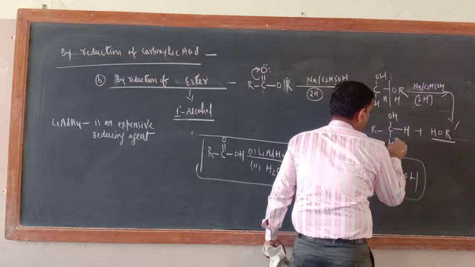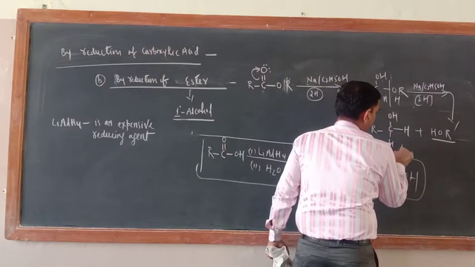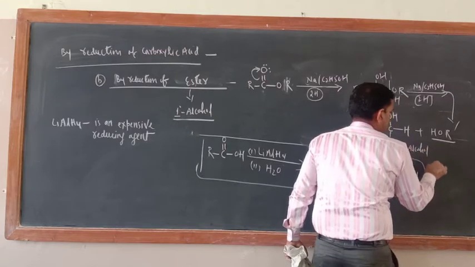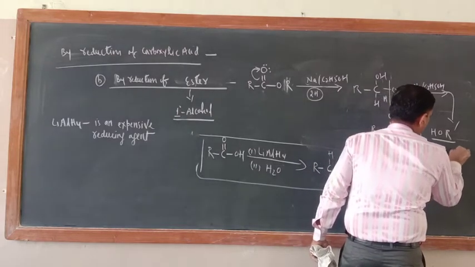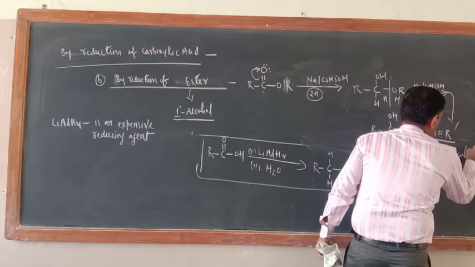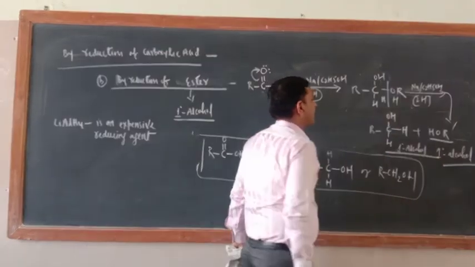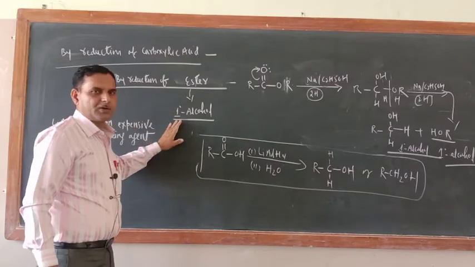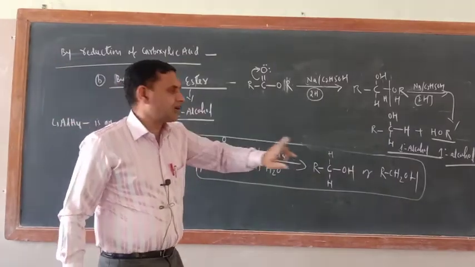This is also RCH2OH. This is 1 degree alcohol, and this is also 1 degree alcohol. So the reduction product of ester is also 1 degree alcohol. You are getting 2 molecules of alcohol.